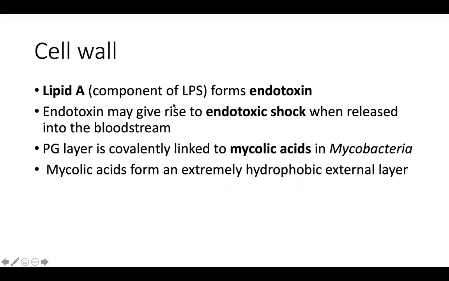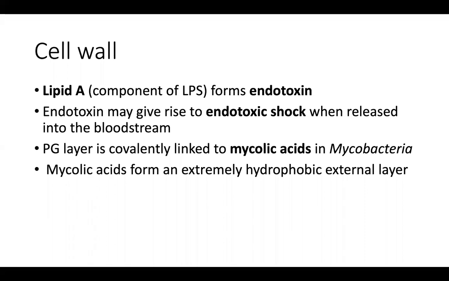Endotoxin is formed by the gram-negatives. So most of the patients with endotoxic shock will have infections caused by gram-negative bacteria, if it's a bacterial infection. So endotoxin may give rise to endotoxic shock when released into the bloodstream. These are extremely sick patients, and we lose most of them, unfortunately. They usually require critical care.